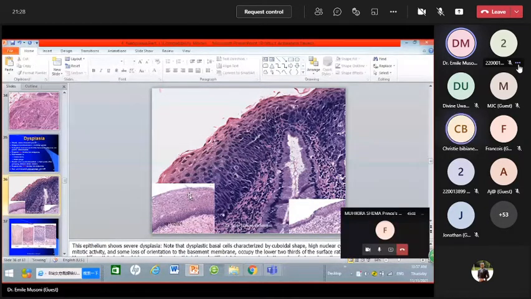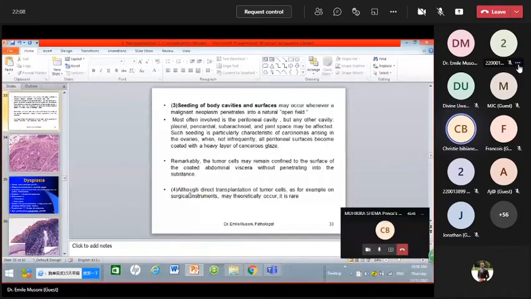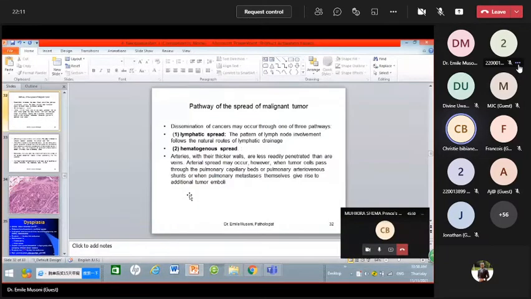I have a question on slide 32. Why is the pulmonary capillary bed the only means of transport? Sorry?